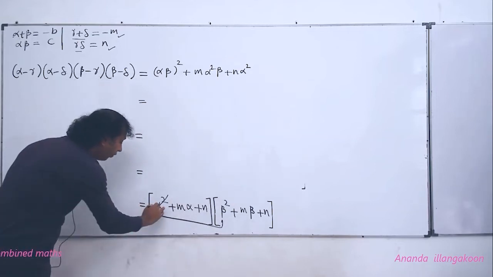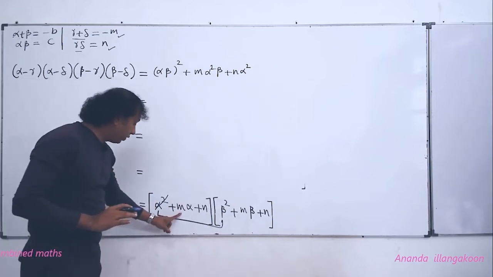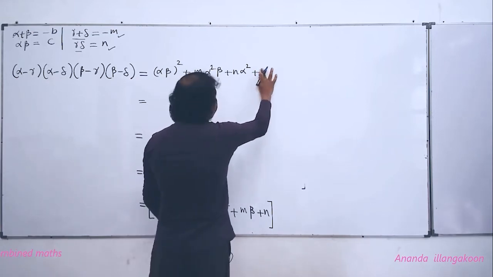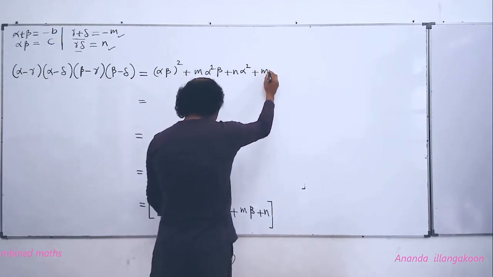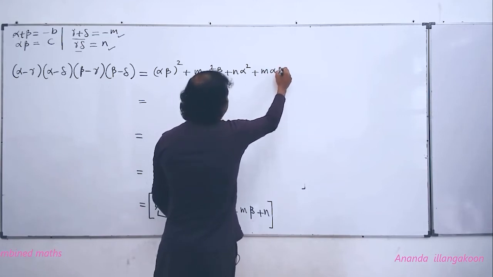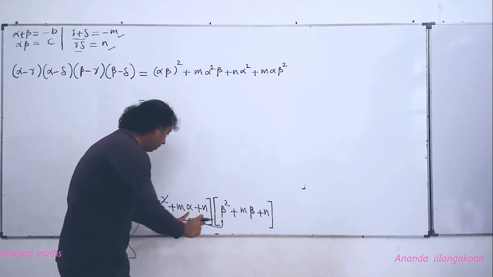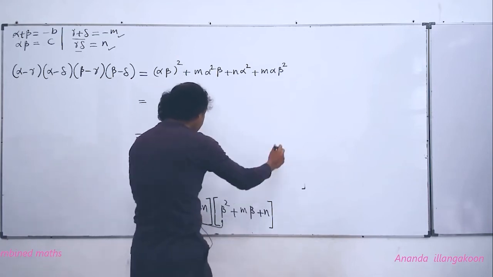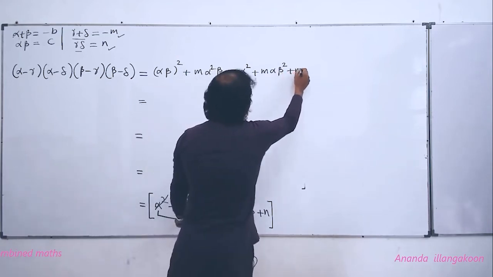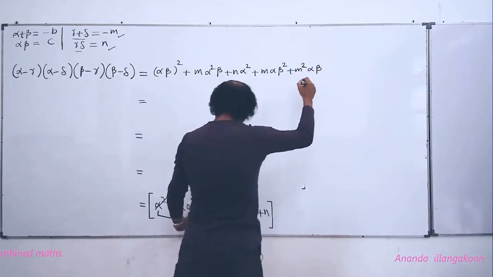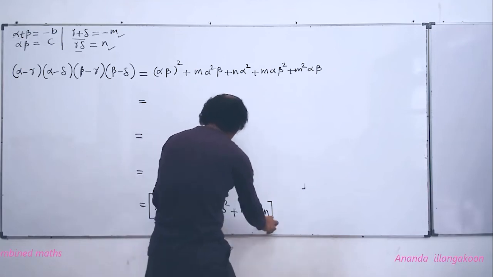Then by this we multiply. That's okay. Next one, this m alpha beta squared. M alpha beta squared. Next one, m squared alpha beta. And this next one, m n alpha.